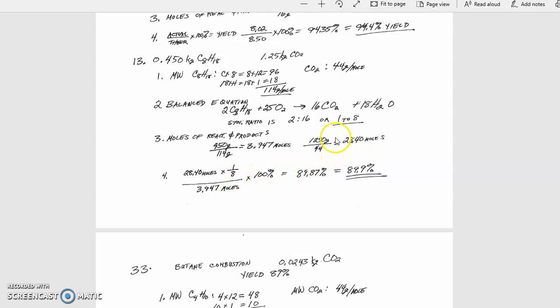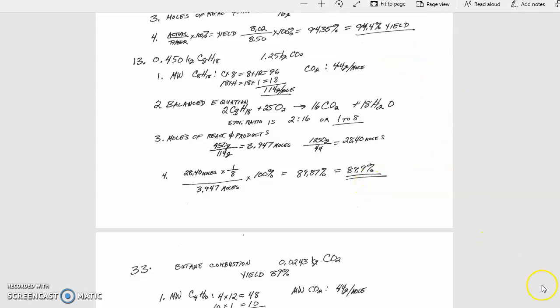Now, remember, your ratio here is 1 to 8. So you divide this by 8, okay? So you divide that by 8 for your numerator. That's your actual. Divide by this right here in the denominator, which is your theoretical, times 100%, gives you an 89.87% yield, or 89.9%, okay?